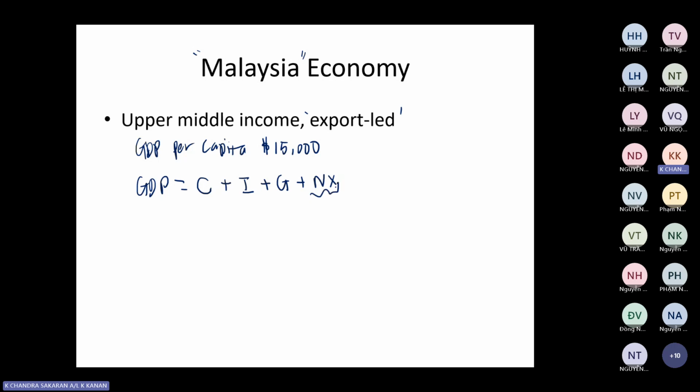This net export is called the external sector's contribution. Very important. How much does the Malaysian economy depend on net export? Different countries will have different dependence. Some countries may depend very highly on investment or consumption. In most countries, that is the largest component. But net export is very important.